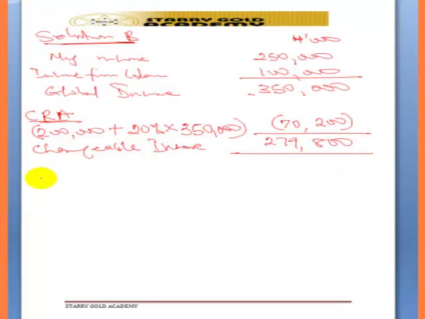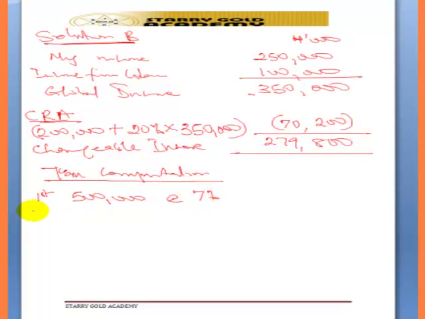On the chargeable income, we now do the tax computation. First 300,000 at 7%. Then the next 300,000 at 11%.